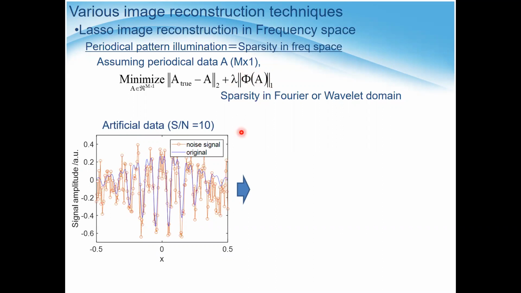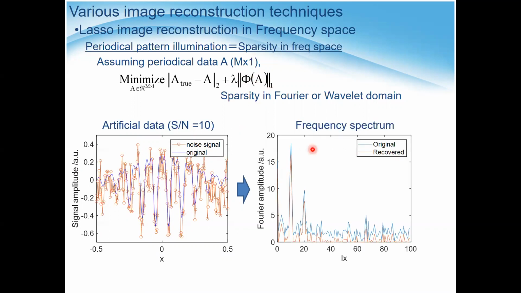This is a demonstration with artificial data. It has a very low SN ratio. The blue line is the original, and then we added the noise signal. In the Fourier domain, you can see some peaks in the spatial frequency domain.